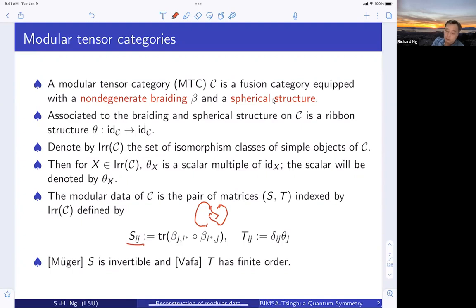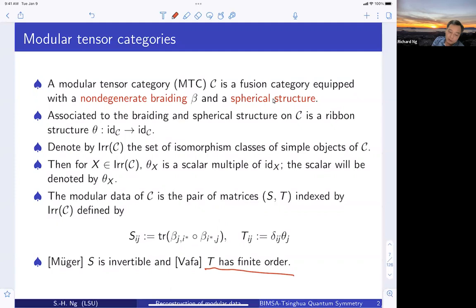The T matrix is similar. You put the ribbon structure scalars on the diagonal of the matrix, then you get the T matrix. It is a result of Vafa that T must have finite order for a modular tensor category. Actually, not necessarily modular tensor, but at that time, this was the result.